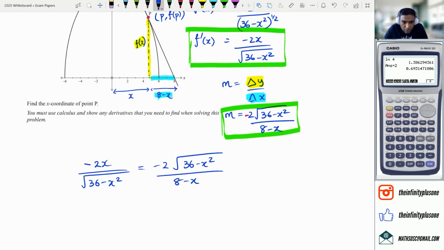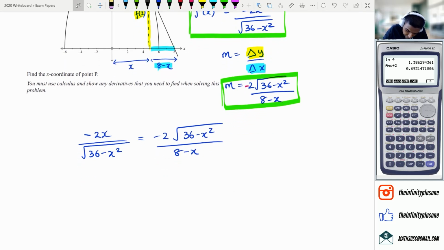So at this point, we are going to cross multiply and start getting rid of a few things. First thing I want to get rid of is the negative 2, because there's a negative 2 on both sides. So I've got x left over, and I'm going to multiply by 8 minus x equals square root of 36 minus x squared multiplied by square root of 36 minus x squared, because I'm just cross multiplying at the moment.